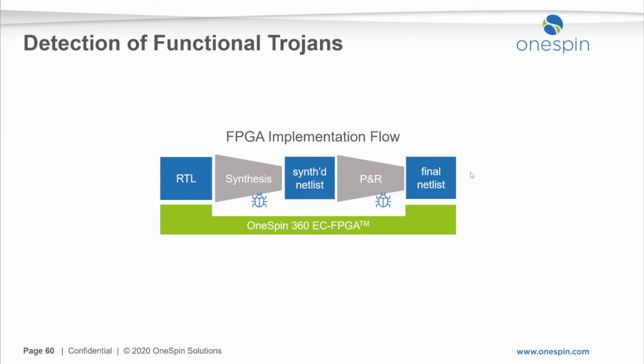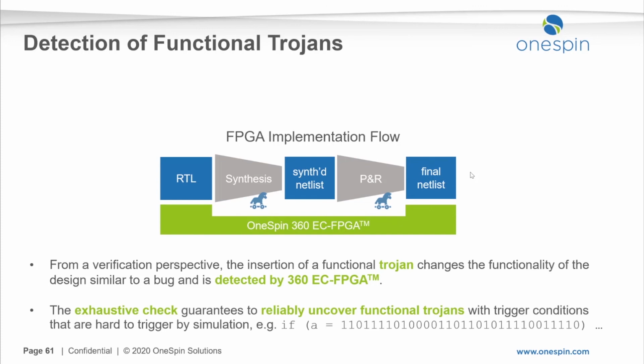We have many other tools, but when it comes to FPGAs in particular, it's really easy to detect whether a synthesis tool or a manually edited netlist contains some functionality that the original RTL or some other netlist you compare it to didn't contain.